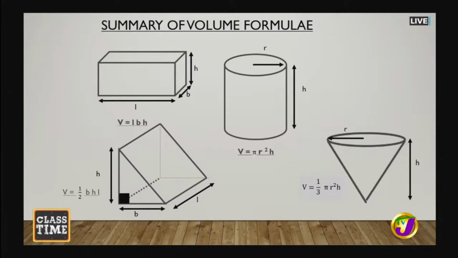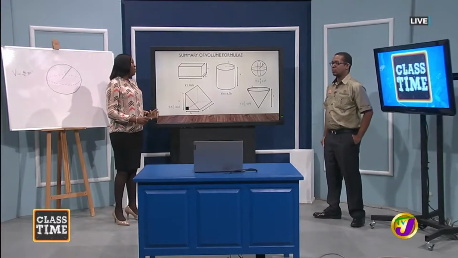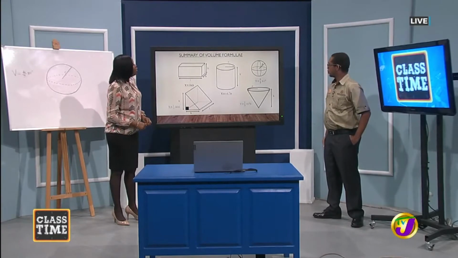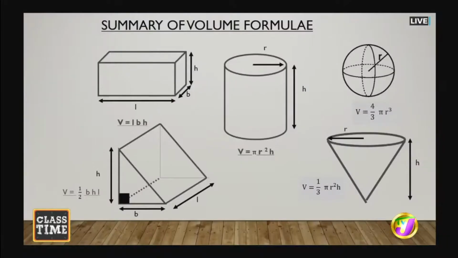And the cone. This one does not have a uniform cross-section, so that is where the 1/3 starts to come in for those meeting at an apex. So this one I'm going to bring on the screen, we did not go through because that would take us the whole session, mostly. So we're just going to give this to you, where we have the volume of the sphere, and we're going to talk about it a little later. So bear this in mind, the volume of the sphere being 4/3 multiplied by pi r cubed.